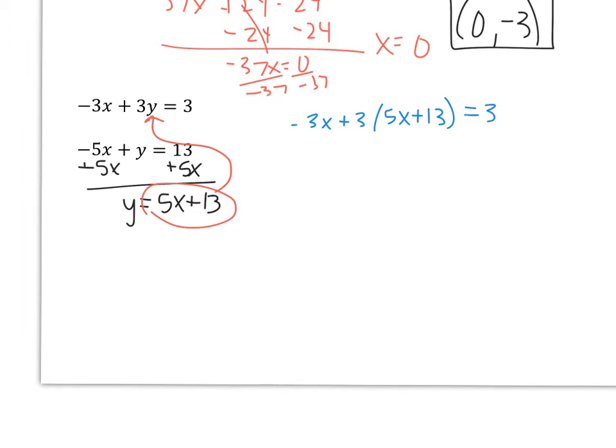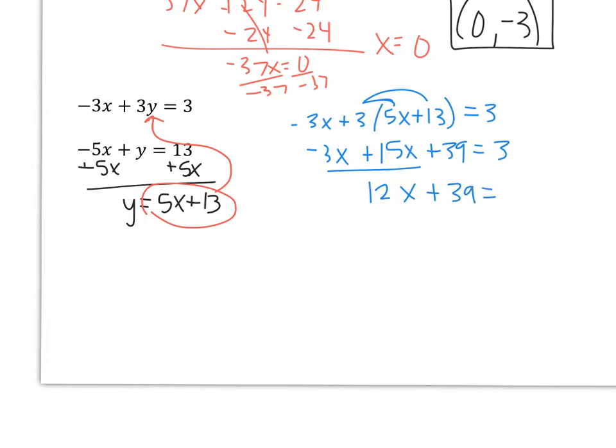equals 3. Distribute, negative 3x plus 15x plus 39 equals 3. Negative 3x plus 15x is 12x, plus 39 equals 3. Subtract 39 and get 12x equals negative 36.